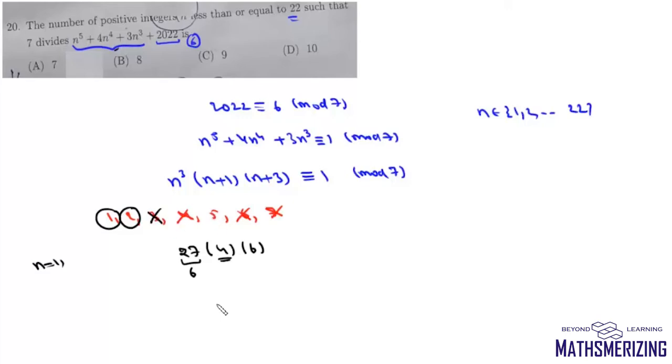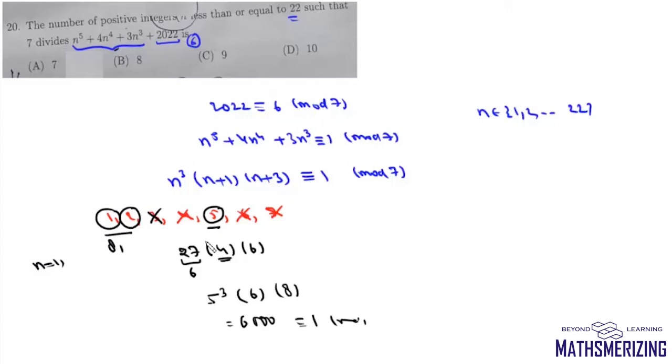And what about 5? 5 is 5 cube into 6, and this is 8. Now this is simply 6,000, which again is 1 modulo 7. So out of these 7, we have only 3 possible candidates, which are 1, 2 and 5.